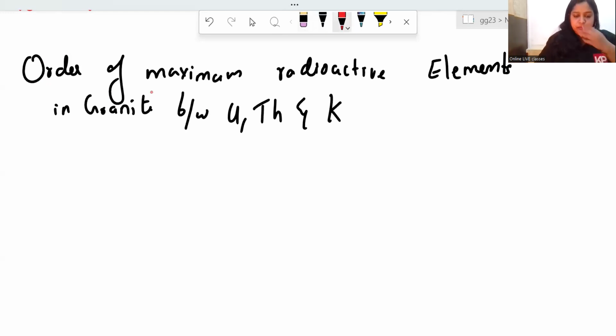We know that 40K, the radioactive potassium, is one of the major elements in granite.